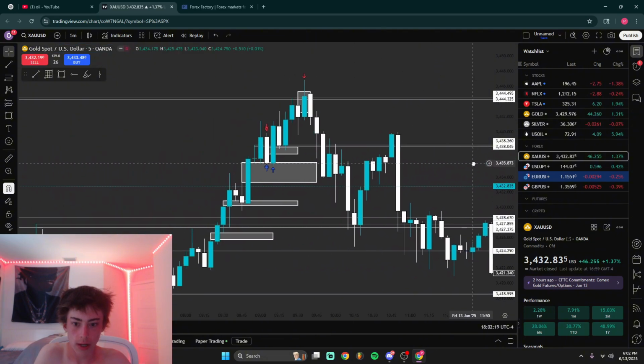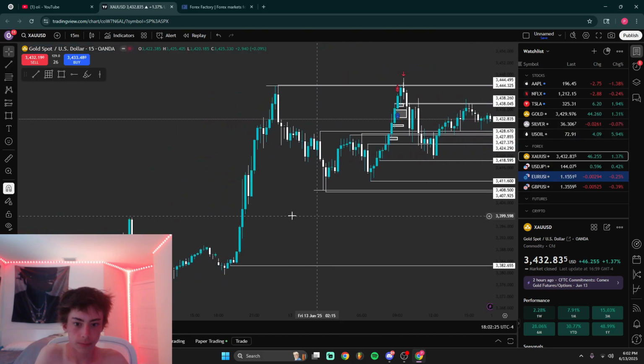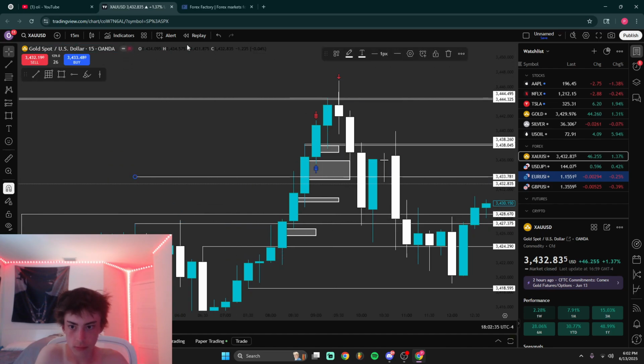Right here is when we had the 5 minute fair value gap, and even on the 15-minute, it was just kind of a bullish market structure.